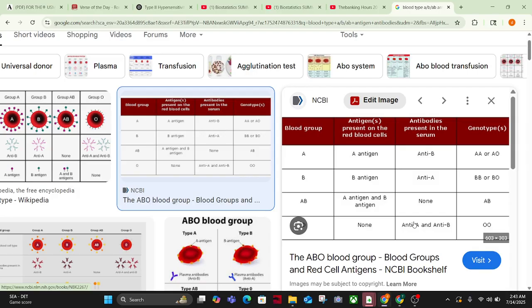This activates complement, which causes intravascular hemolysis. Okay, so the reason somebody would have flank pain in an acute hemolytic transfusion reaction is because of deposition of hemoglobin in the kidney, which would be due to intravascular hemolysis.